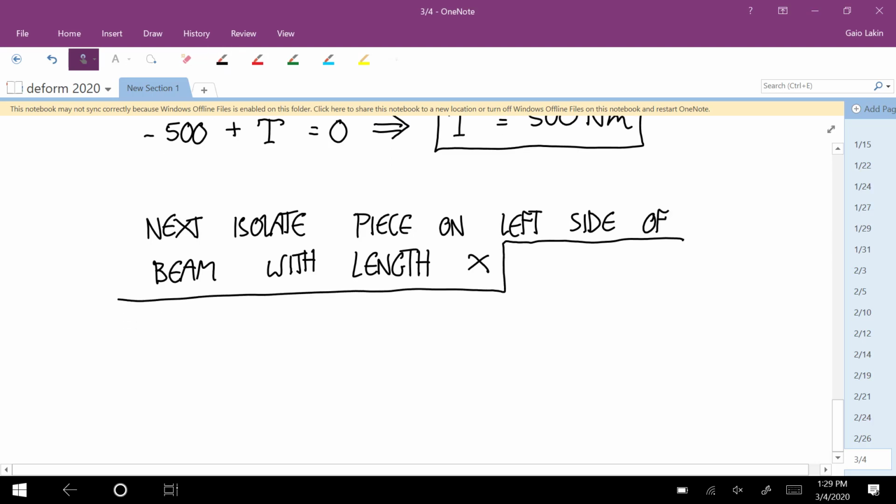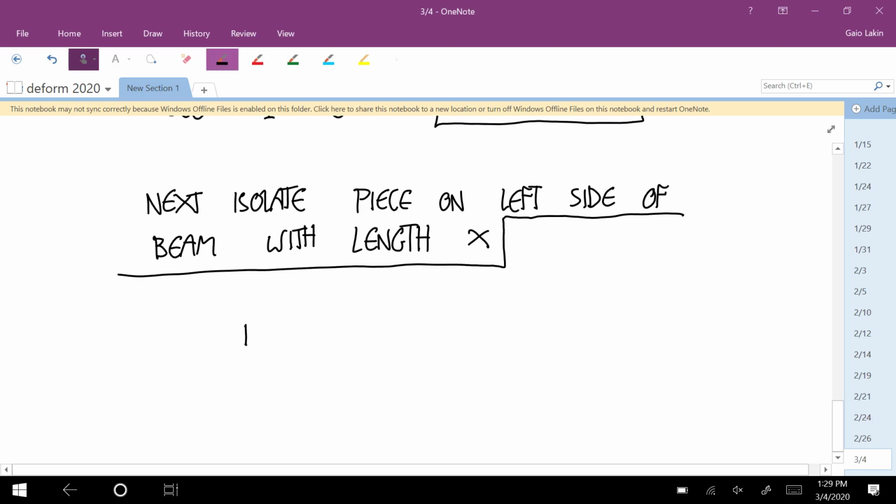So I can draw it the same way that I drew this one, and we're still ignoring all this stuff on the right side.